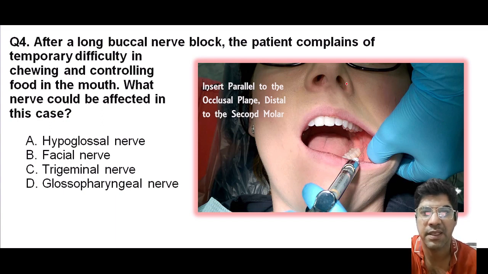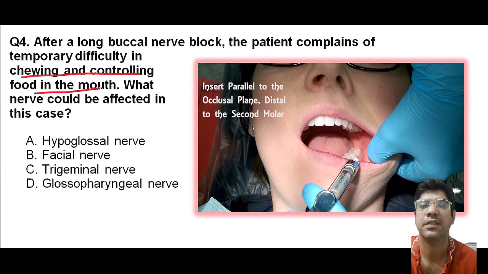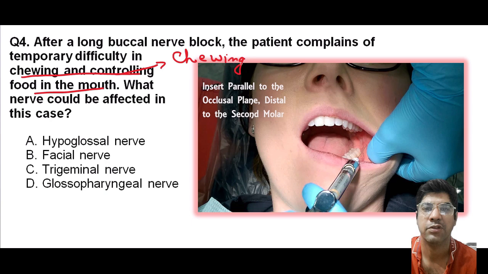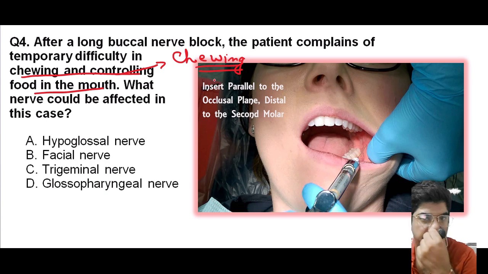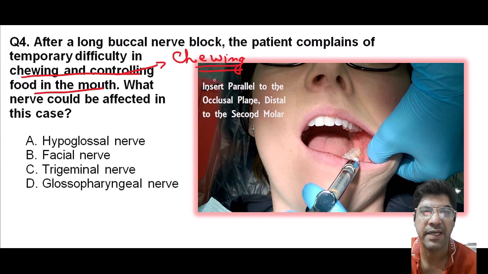The trigeminal nerve is responsible for sensory innervation to the face and motor innervation to the muscles of mastication that are involved in chewing. So anesthesia to the branches of the trigeminal nerve, such as the long buccal nerve, can temporarily lead to difficulty in chewing and controlling food in the mouth.